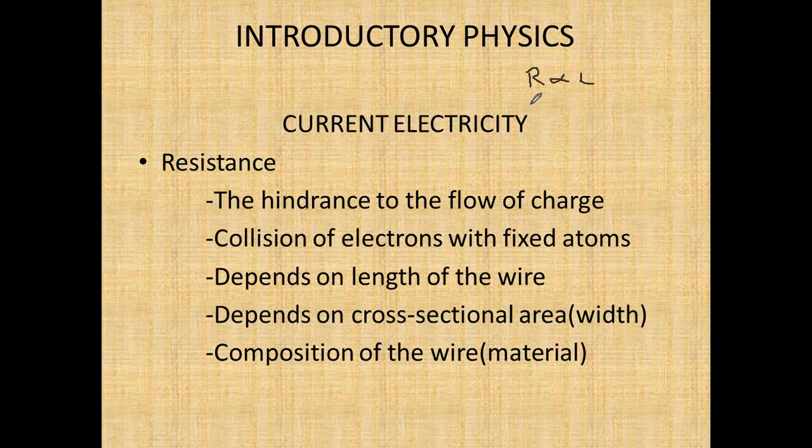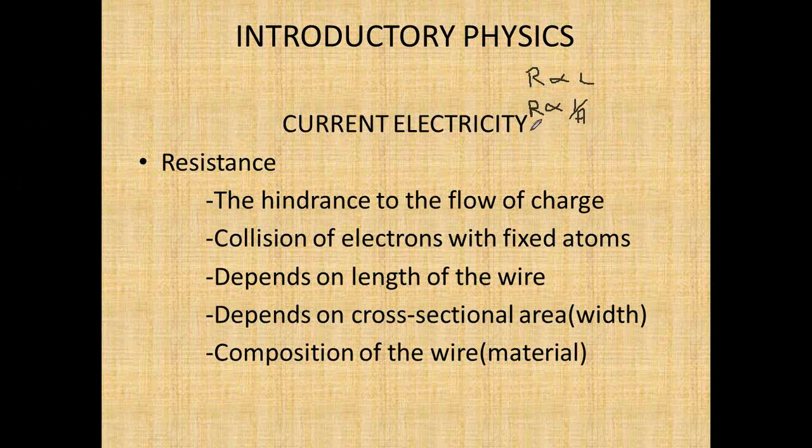Resistance is also inversely proportional to the cross-sectional area. So if it's inversely proportional, it's 1 over the area, that's the cross-sectional area of the wire we're talking about. Okay? So it's directly proportional to the length and inversely proportional to the cross-sectional area.